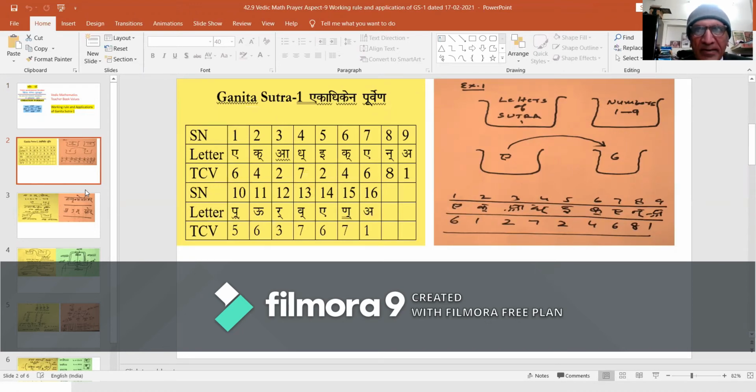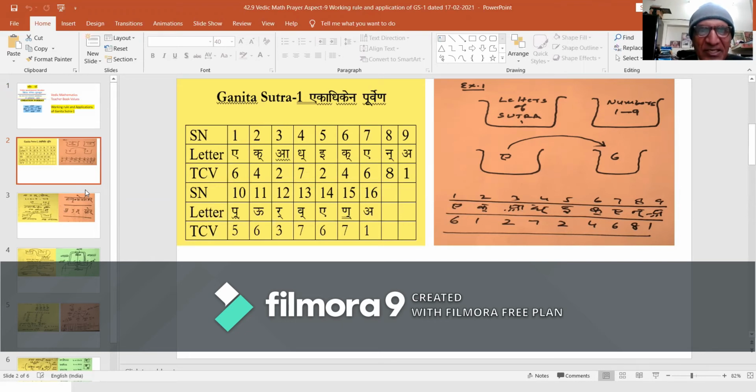Ganita Sutra 1 is designated as the source sutra as the first sutra, and further, the text of Ganita Sutra 1, Ekadhikena Purvena, is a composition availing 16 letters. There are 16 sutras.